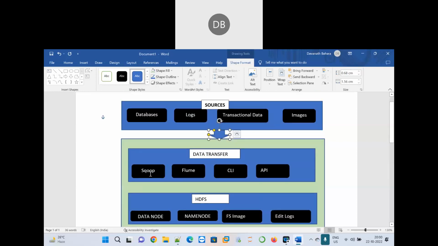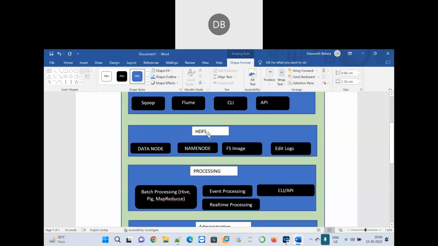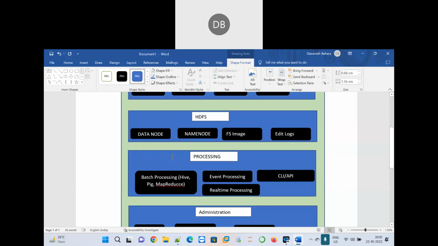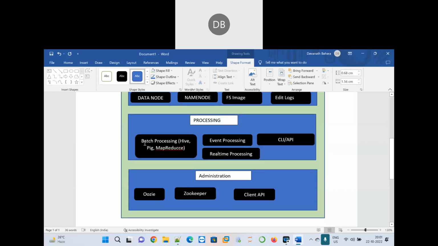Data transfer, we can do either Sqoop, Flume, CLI, API. Then once the data is available in the HDFS file system, different nodes come into the picture: data node, name node, FS image, edit logs, which are different processes available. Okay. Processing layer, what happens?